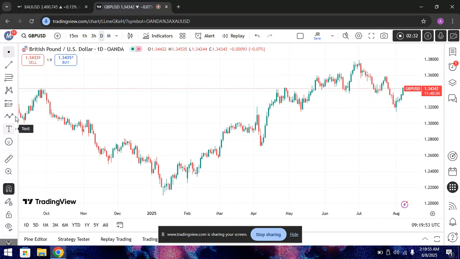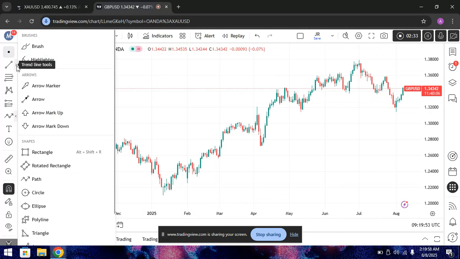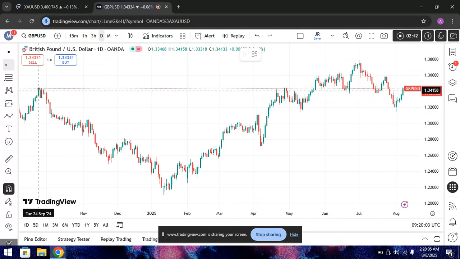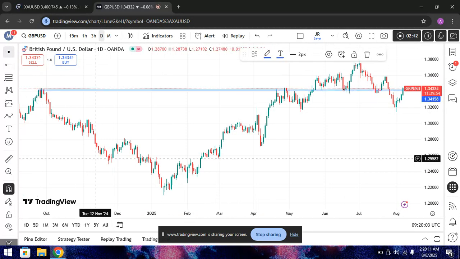Now, if I get my horizontal ray and place it at this price position, you can see that where the current price is, we have taken out liquidity.